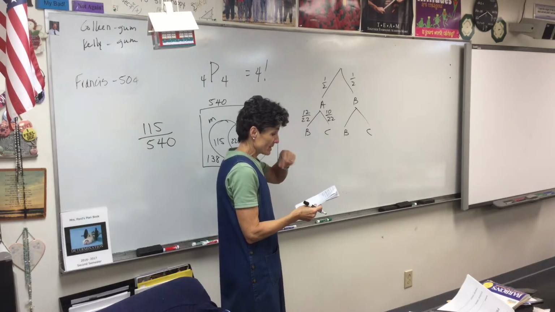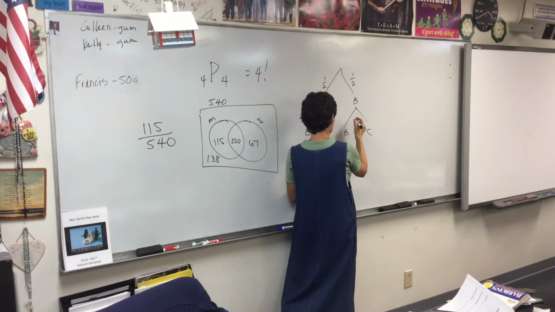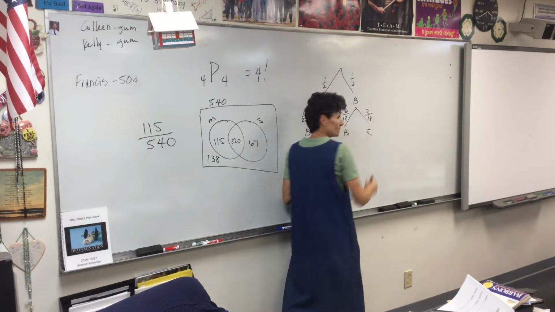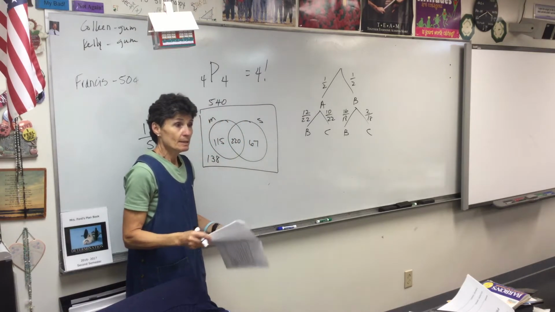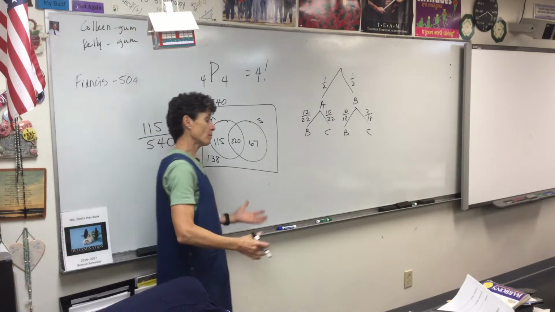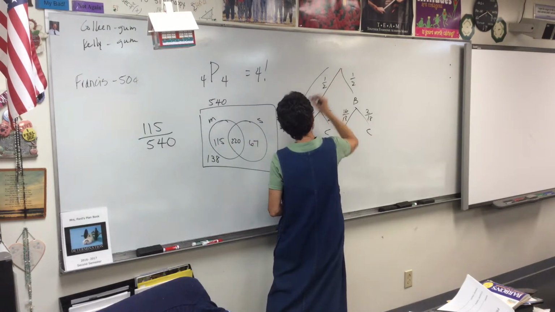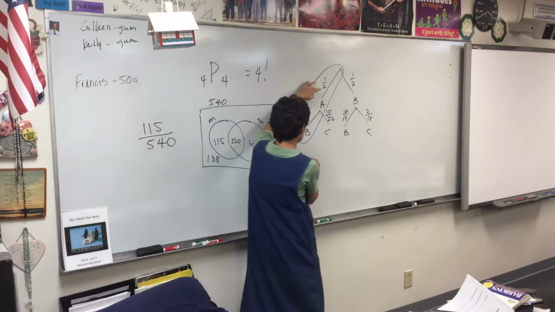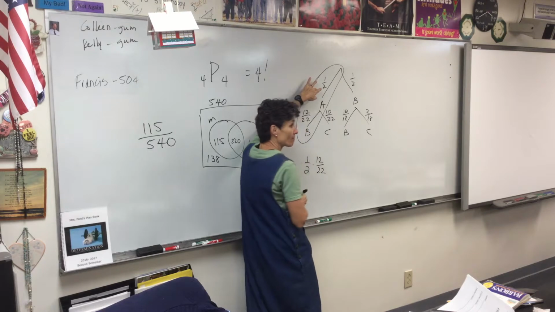Now, what if you go to tin B? Then a brownie would be 16 18ths and a cookie would be 2 18ths. Now, the situation is you want a brownie. So you can either get a brownie out of tin A. In other words, you pick tin A and a brownie.